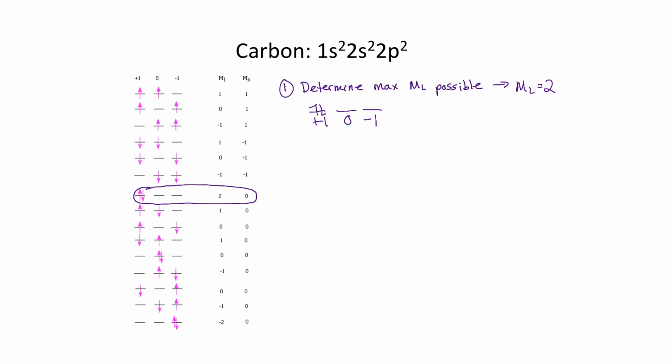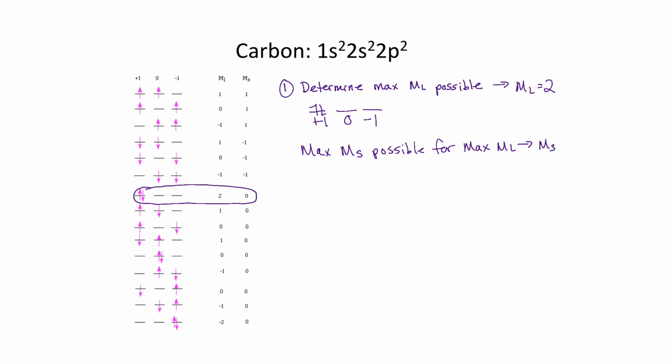Now our next step, once we've identified our maximum m sub l possible, is to determine the maximum m sub s possible for that configuration, so the max m sub s possible for our max m sub l.